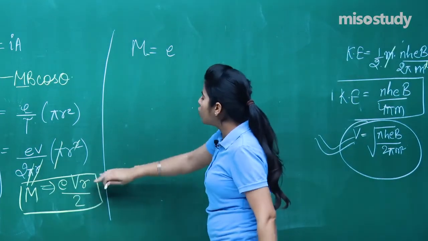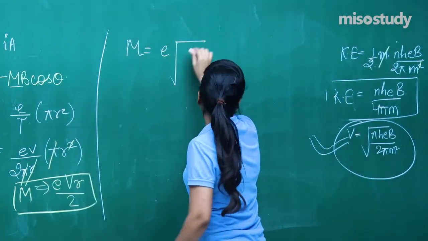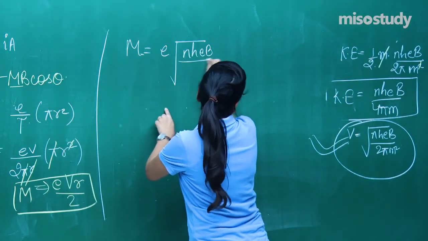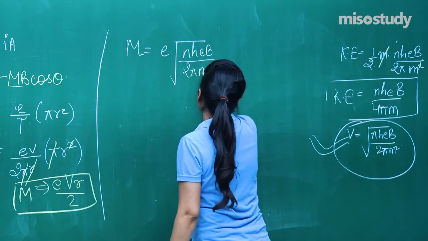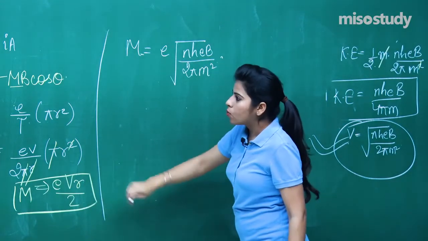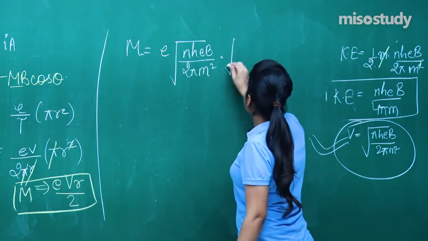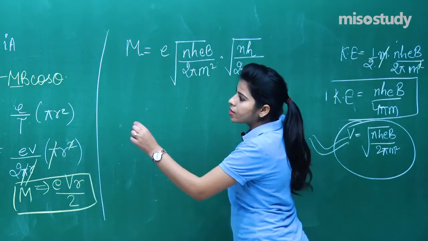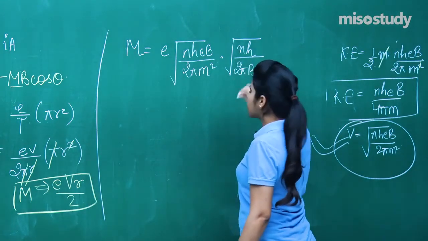So v is equal to under root n h e B upon 2 pi m square, into the value of r. r is under root n h upon 2 pi B, right?